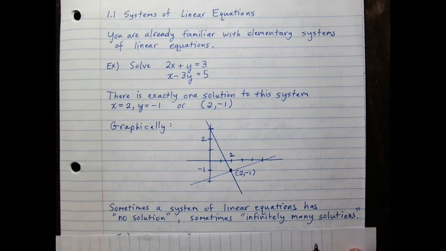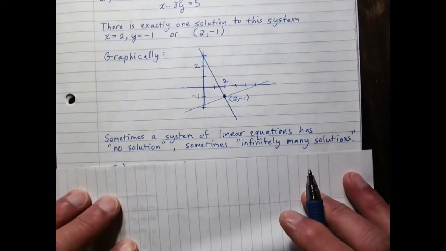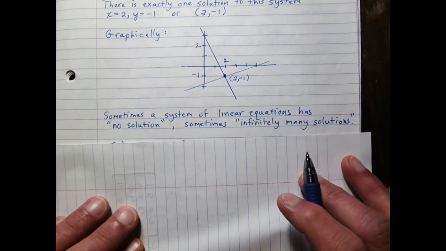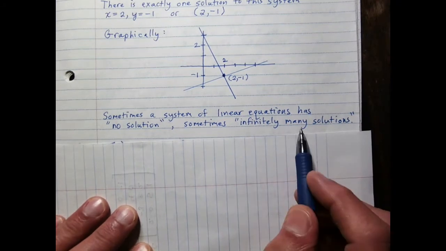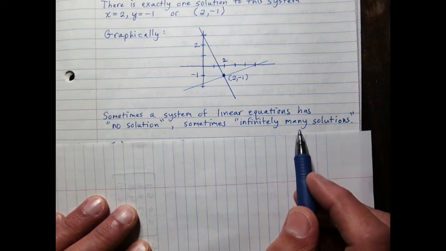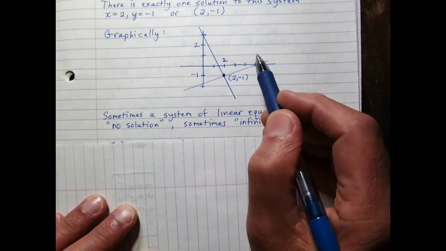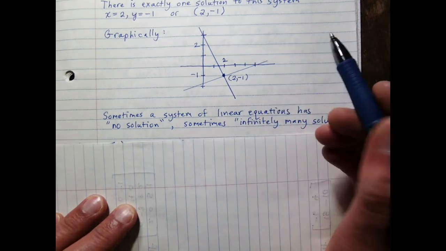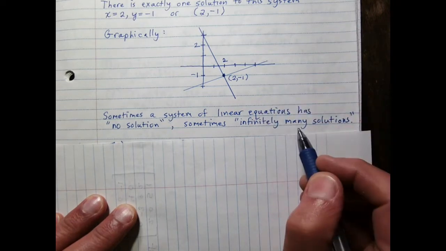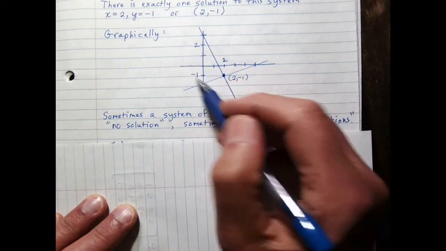Now, sometimes a system of linear equations has no solution. Sometimes it has infinitely many solutions. No solution would be if the two lines were parallel to each other, right, and they didn't intersect at all. Infinitely many solutions is kind of boring in the two-dimensional case.